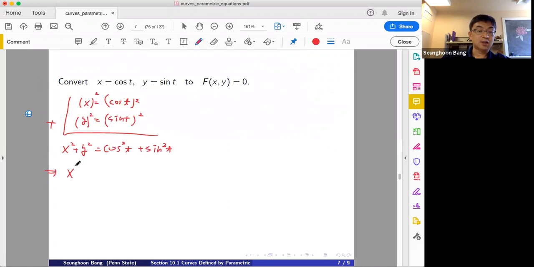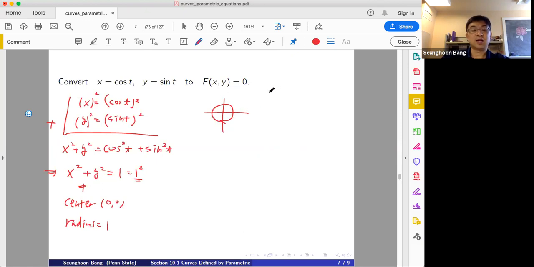Exactly, x squared plus y squared equals 1. 1 is 1 squared. So what is the center? The center is the origin. The radius is this number 1. So the graph is exactly the unit circle, like this.